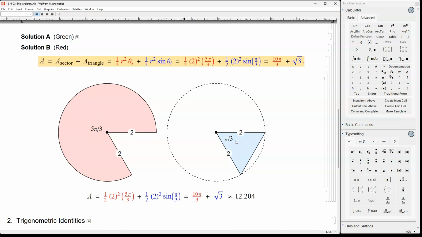And how about this blue triangle? 1/2 a times b, but they're both the same. 2 times 2, so 2 squared, and sine of pi over 3. So that's the area formula applied here. And then if you do your computation, 10 pi over 3 plus square root of 3. Again, pi over 3 is a basic angle, so you get a precise value like this. But if you punch it in the calculator, you're going to get something like this, 12 point something.